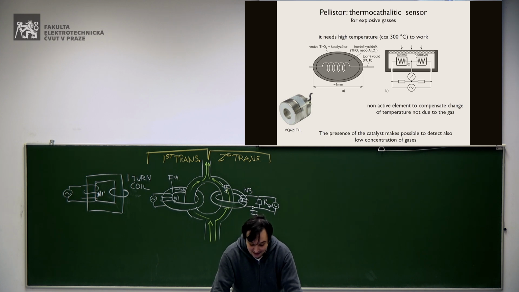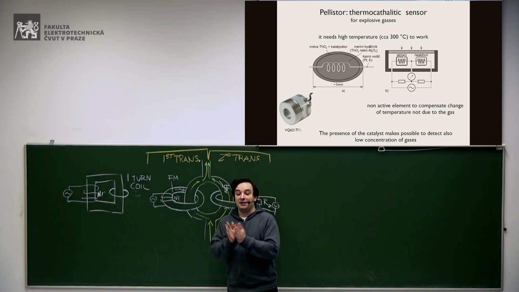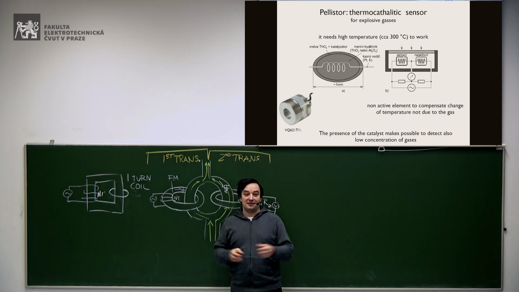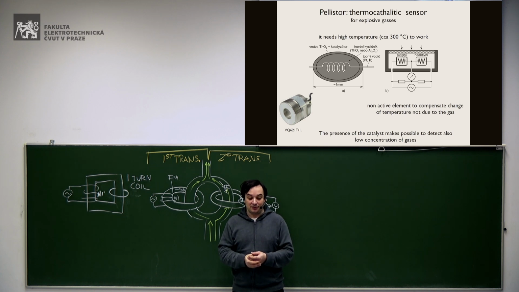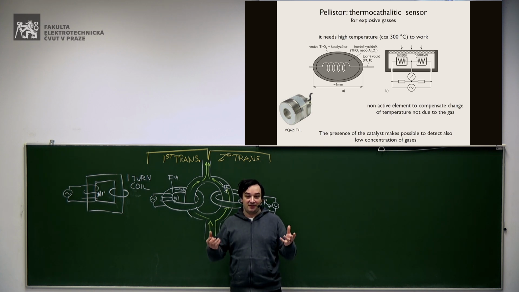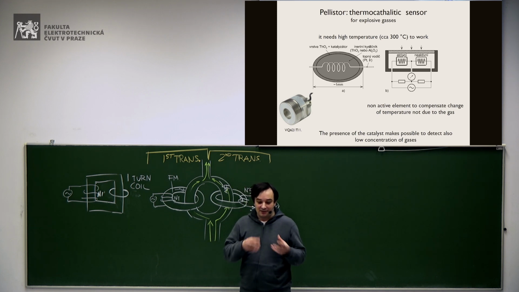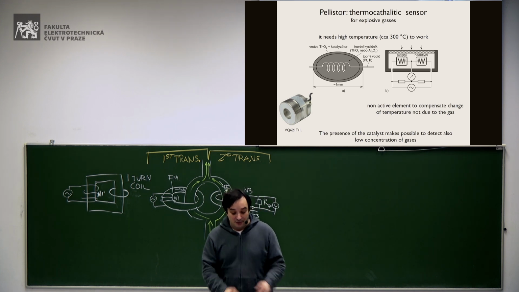In order to make sure that you measure the change of temperature given not by the change of temperature in the environment, but because of the micro combustion of these gases, you have two sensors.